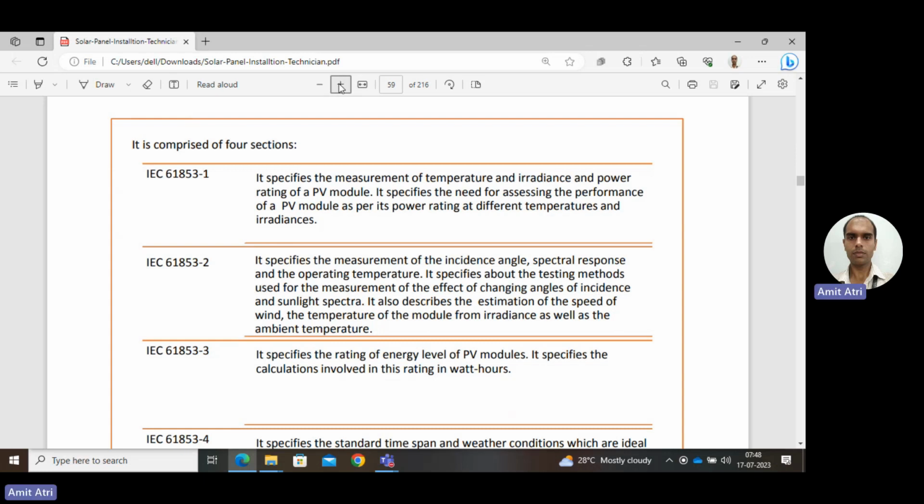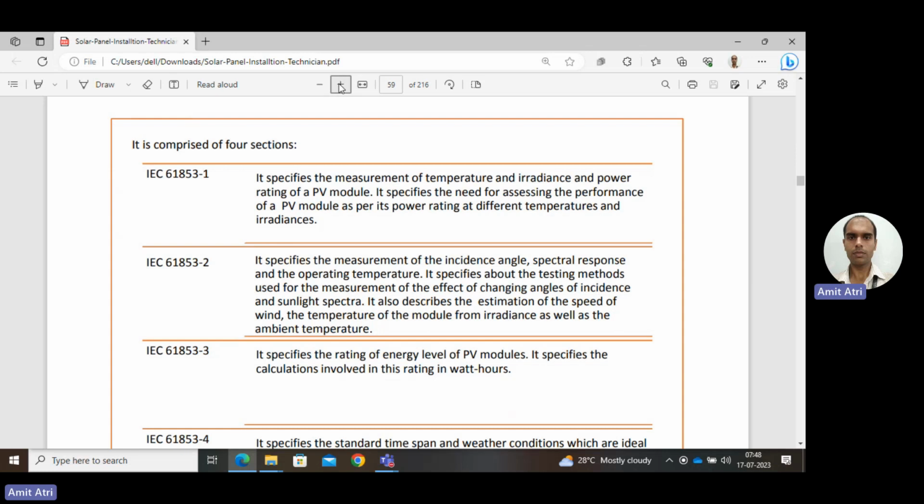It specifies the testing methods used for measuring the effect of changing angles of incidence and sunlight spectra. It also describes the estimation of the module temperature from irradiance, wind speed as well as the ambient temperature.